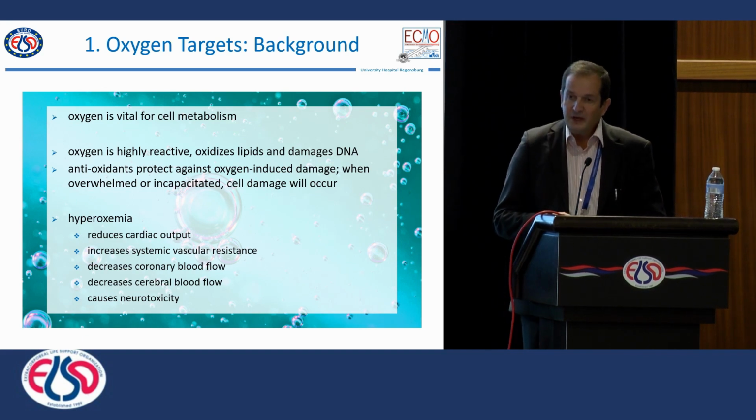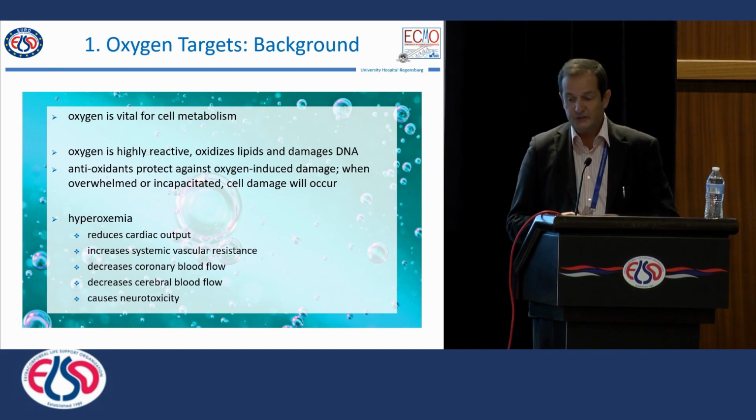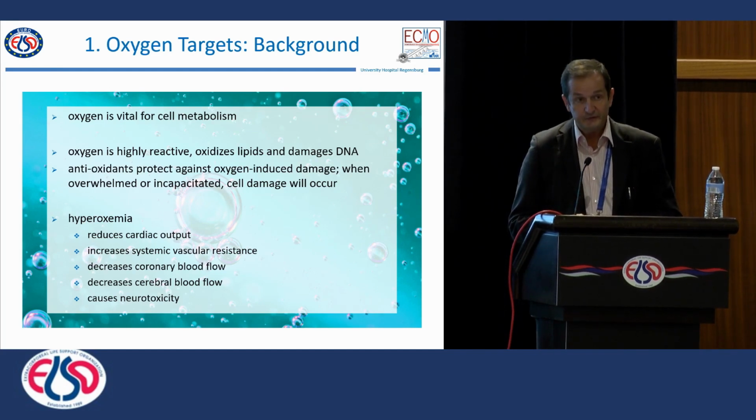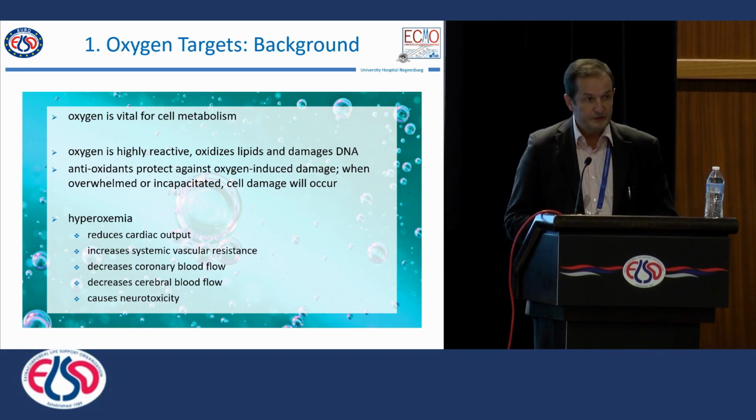And we are quite aware that hyperoxemia has to be avoided. It reduces cardiac output. It increases systemic vascular resistance, which is bad because it reduces flow. It decreases coronary blood flow, decreases cerebral blood flow, and causes neurotoxicity. That is shown in many studies.